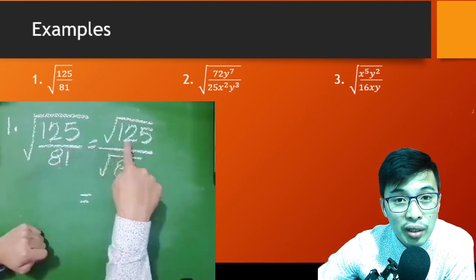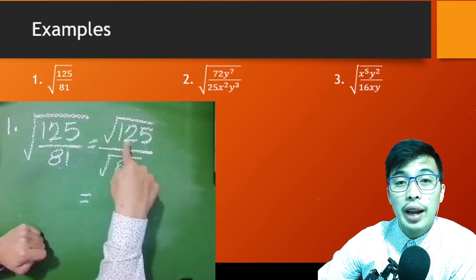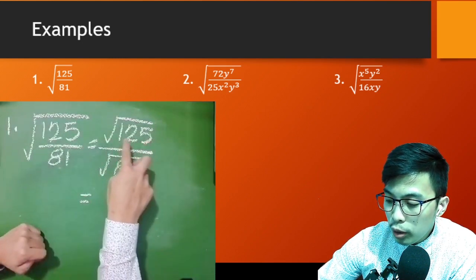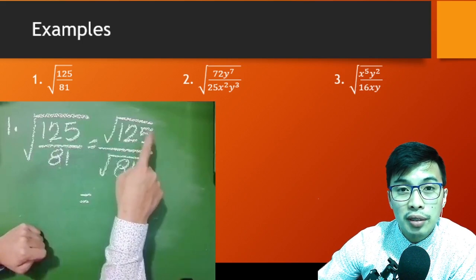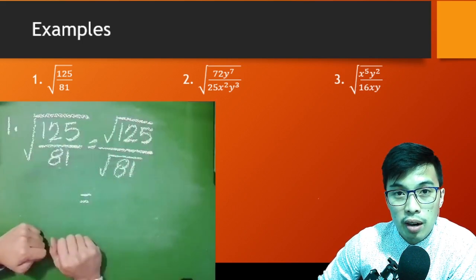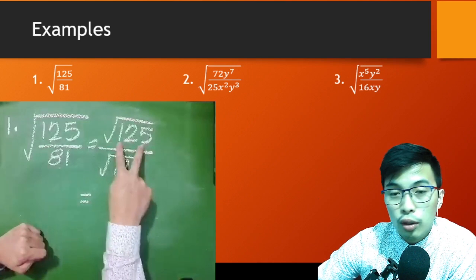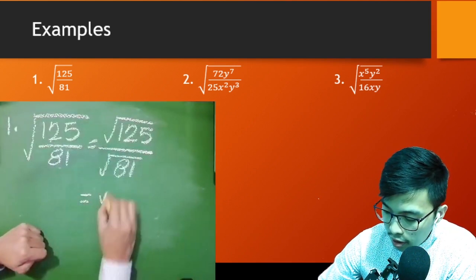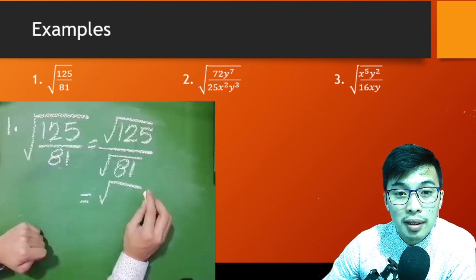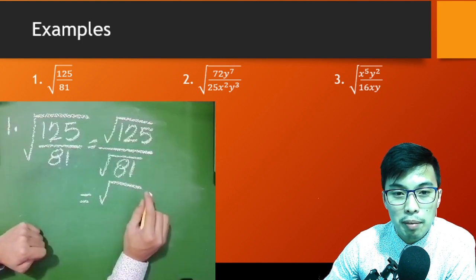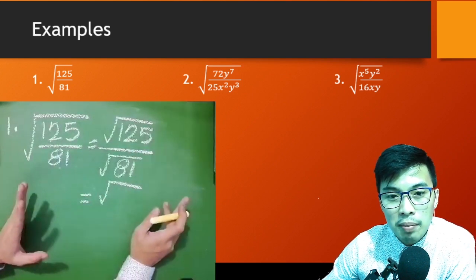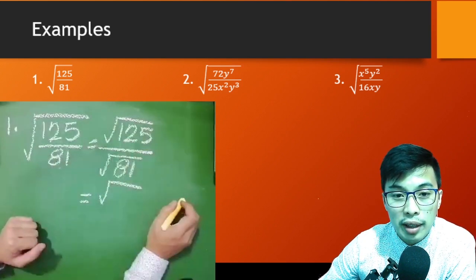Again, 125 is not a perfect square, right? Pero pwede nating i-factor si 125, which is yung other factor niya is a perfect square. And what are the factors of this? Na yung isa is a perfect square. That is 25 times 5, because 25 is a perfect square multiplied by 5 is equivalent to 125.